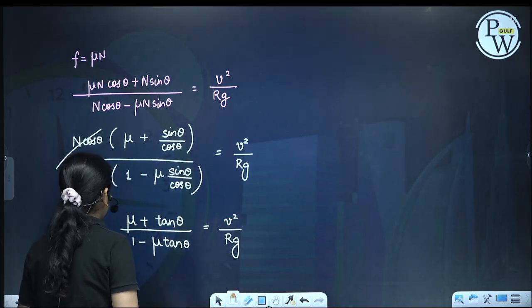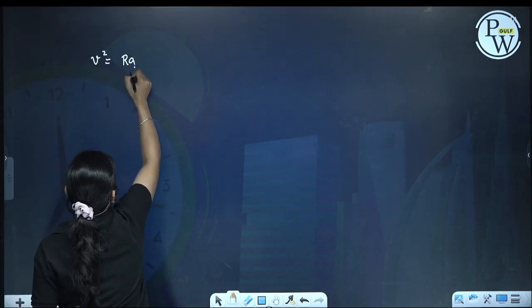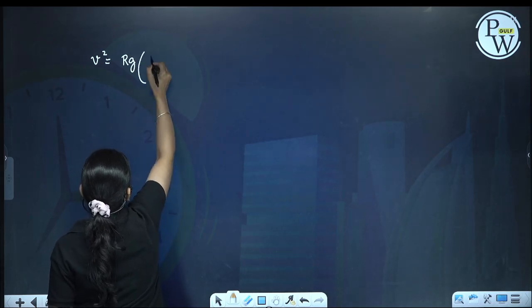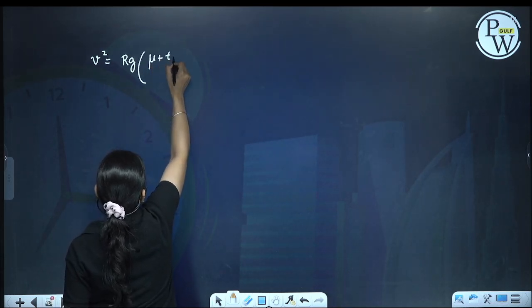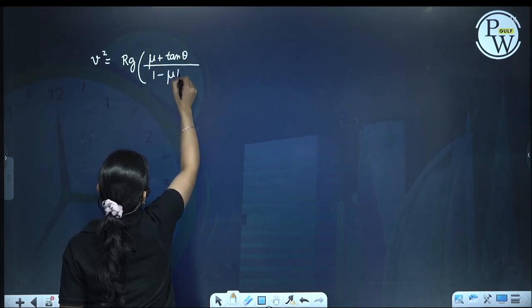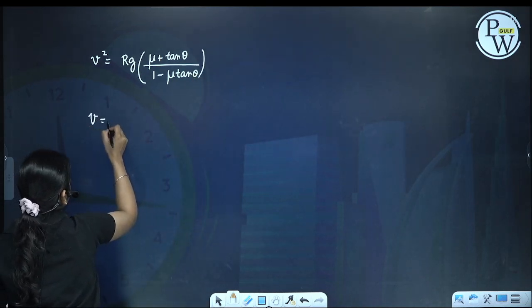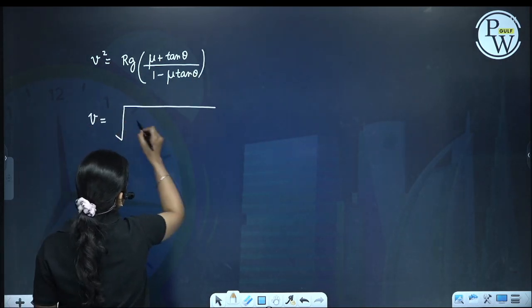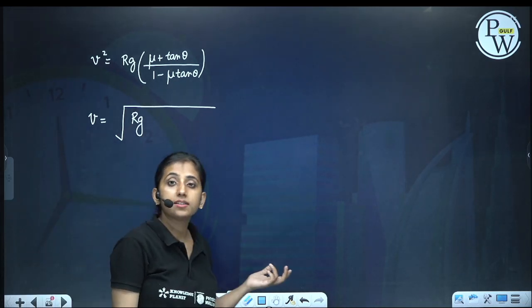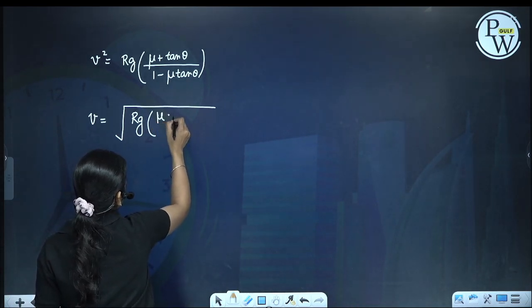So from here we get that v square is equal to rg into (mu plus tan theta) divided by (1 minus mu tan theta). This is the value of maximum speed when mu is equal to mu s, f is maximum.